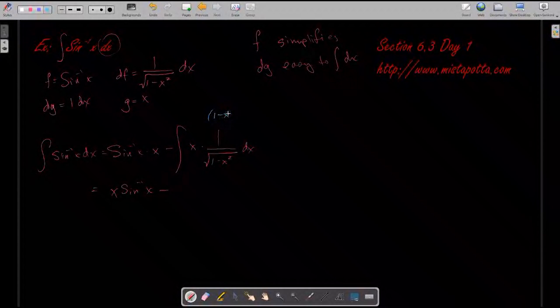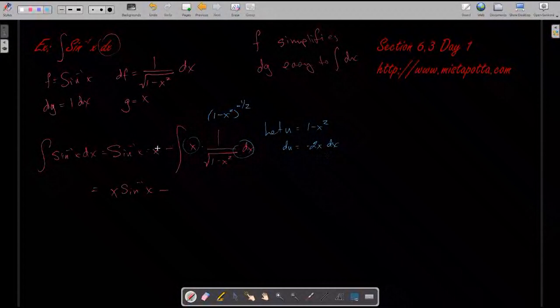And so I can let u be 1 minus x squared. And so du is negative 2x dx. Now I've got the x, I've got the dx. I even have the negative part. I just don't have the 2.